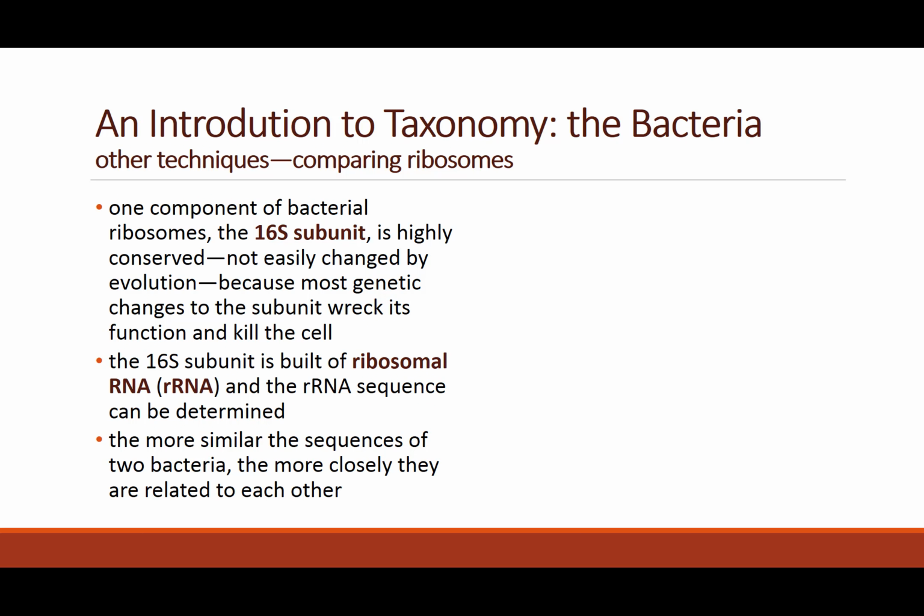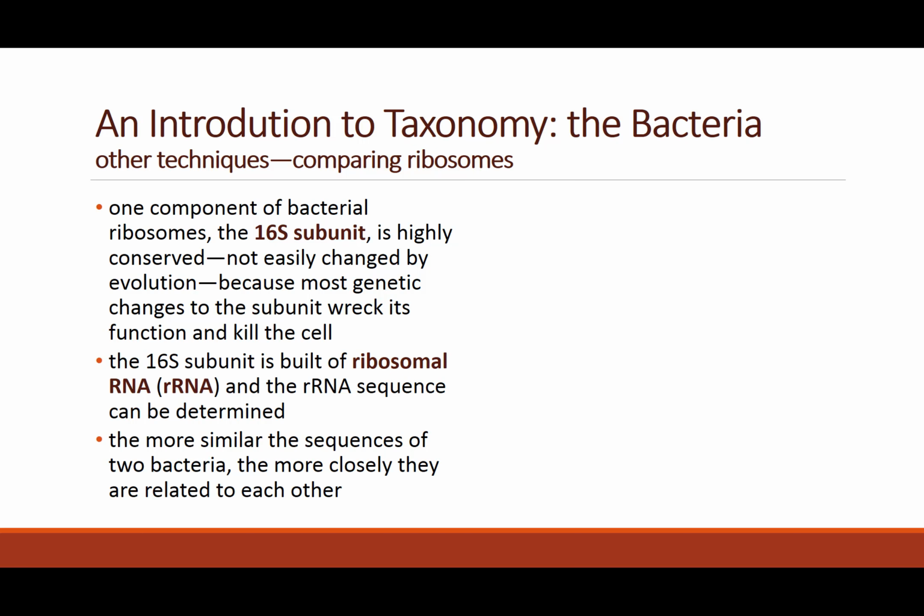And since it's highly conserved, if you do see differences in the proteins and RNA that make up the 16S subunit, then that tells you that those two bacteria are probably relatively distantly related to each other. And so we can analyze the construction of the 16S subunit and use that as a proxy, or as a measurement, of how closely related they are.